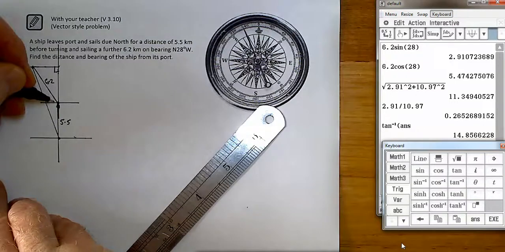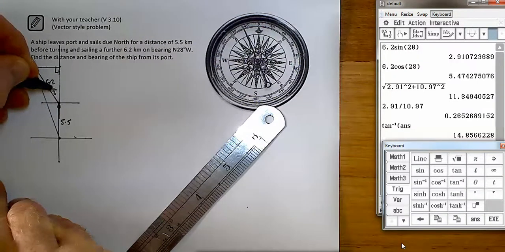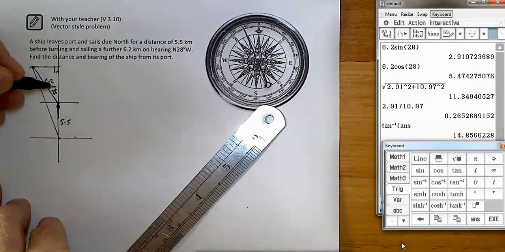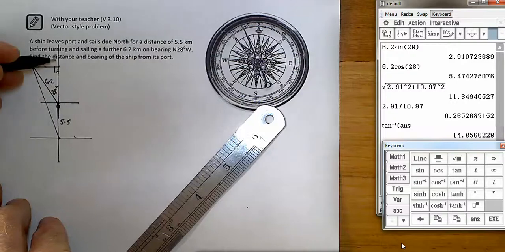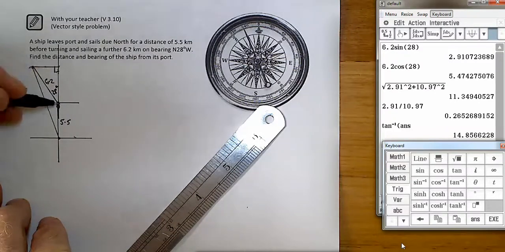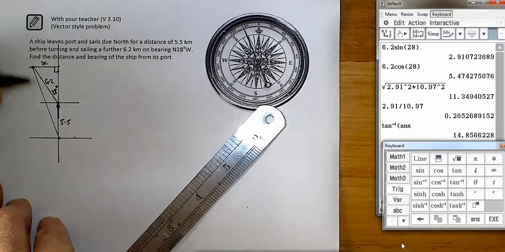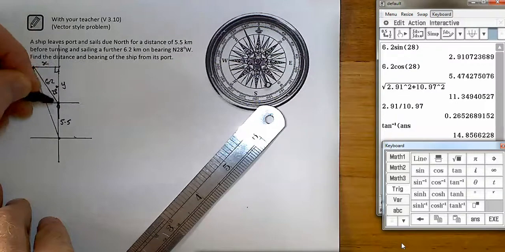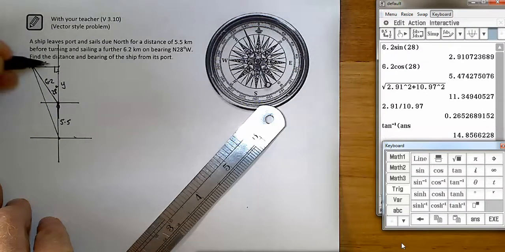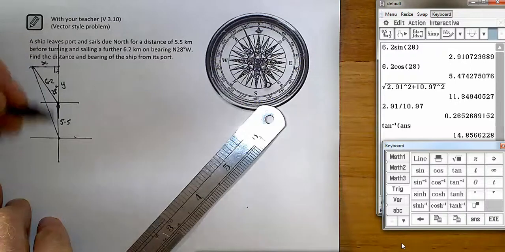Now remember, this was 28 degrees in here. What I can do is this. Look at this little right angled triangle here. I can use that to work out this distance here. I'll call it x. I can also use this triangle here to work out this distance here. I'll call it y, from here to here. If I know x and I know y, I will know this total side and that total side.